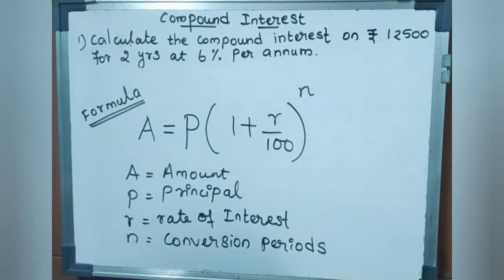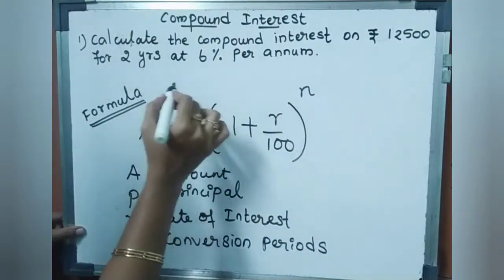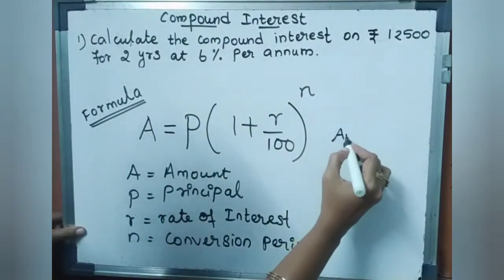Half yearly means every 6 months the interest will be changed, so every 6 months the principal also will be changed. That's the difference between annually and semi-annually. Here we are going to learn annually.